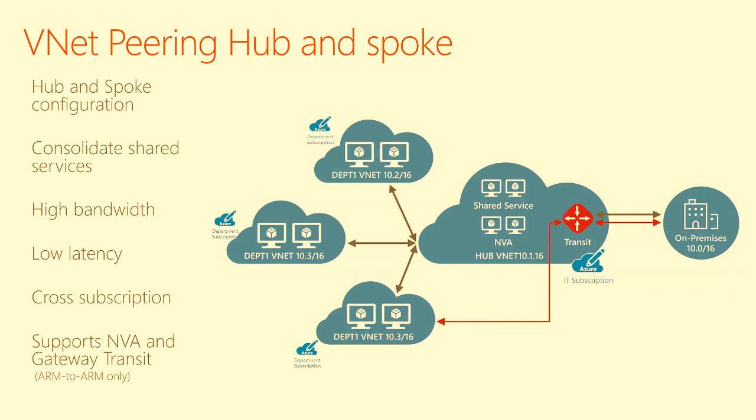And say a departmental VNet has an application running in its spoke virtual network that requires a connection back to on-premises, where they have some database they need to connect to. Then they can utilize the connection that's already established in the central hub virtual network. So again, it solves multiple problems, doesn't it?